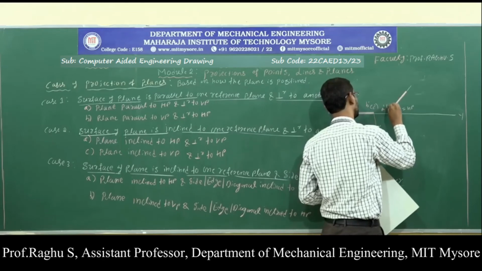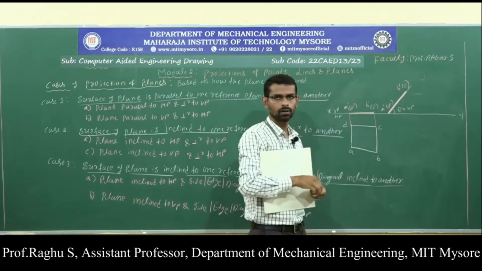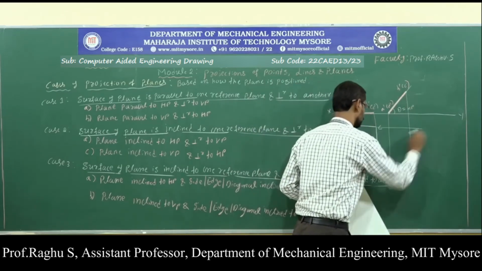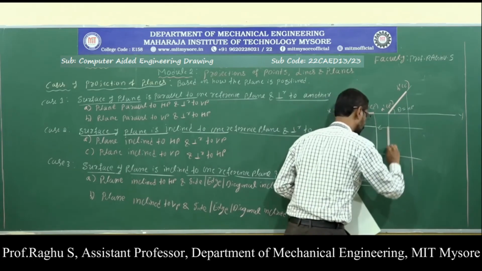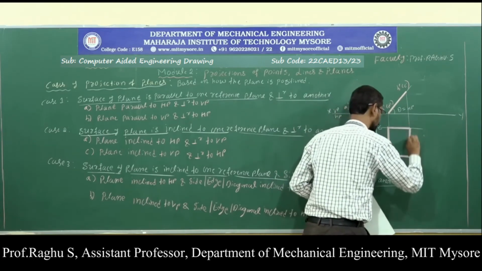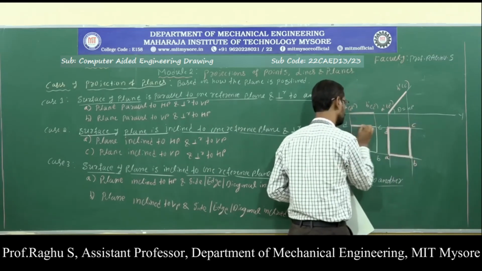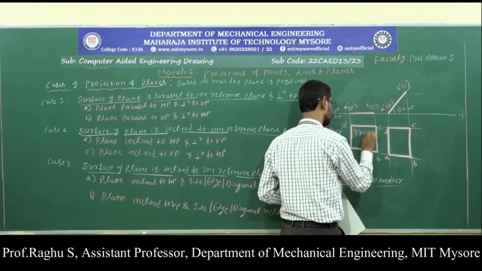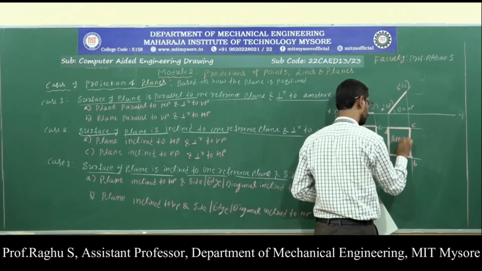This is A dash and D dash, and this is B dash and C dash. Now draw projection lines. This is the apparent shape. This is A, B, C and D, the true shape, and this is the apparent shape.